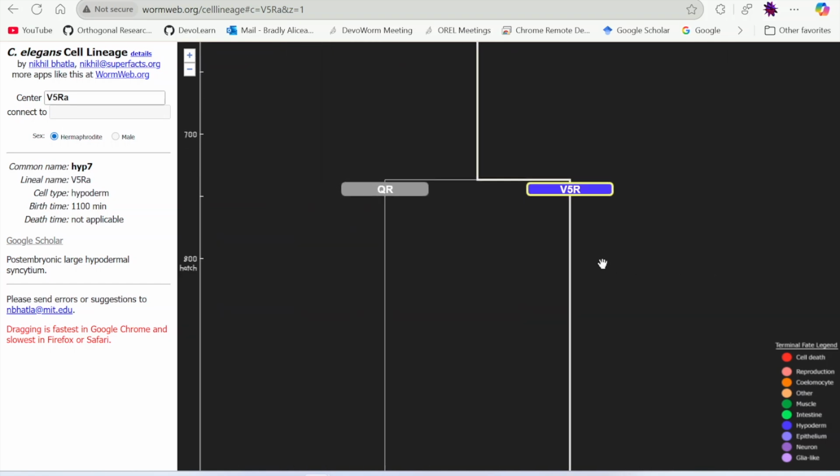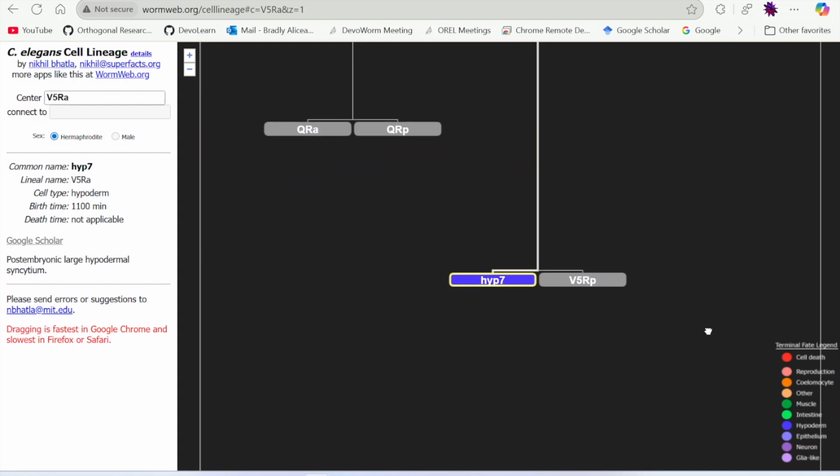There's a lot of cell division in embryonic development when the worm is in its egg, and then it hatches with maybe about 2/3 of the cells that it needs. Some of them terminally differentiate in the egg, but some have to wait until after, in larval development, to differentiate. And that's what this post-embryonic lineage tree is.